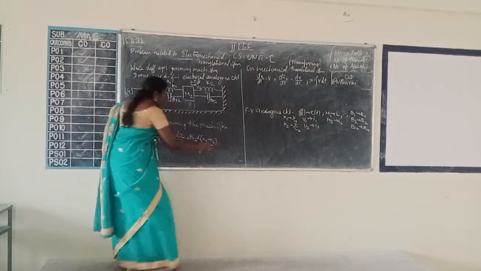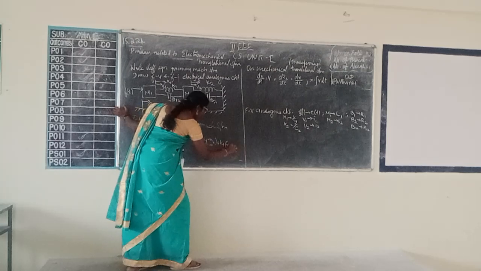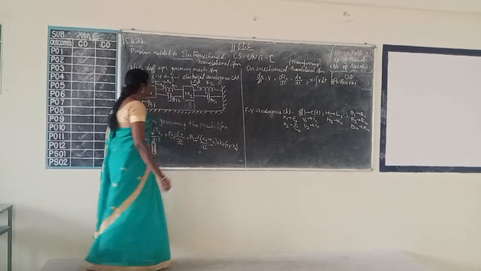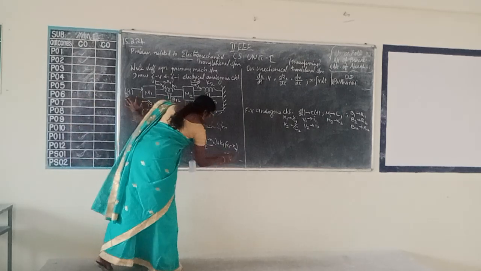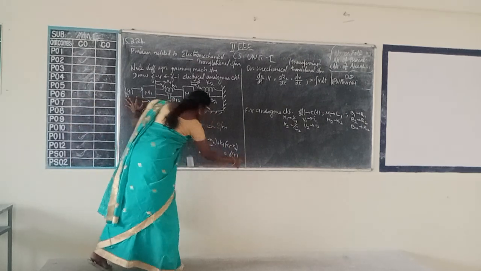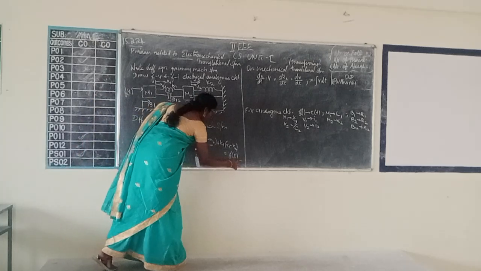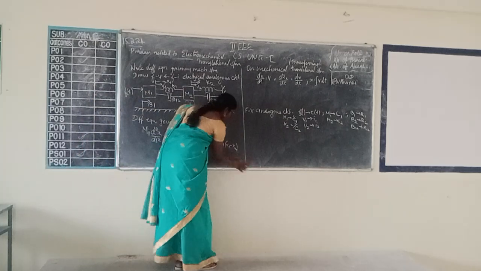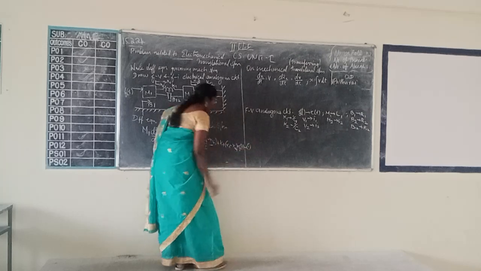No. That is a common spring, that is K1 will be written as x1 minus x2 is equal to what? There is an input here. So it is equal to f of t. Okay, this is the differential equation for the mass M1. Take it as equation number 1.